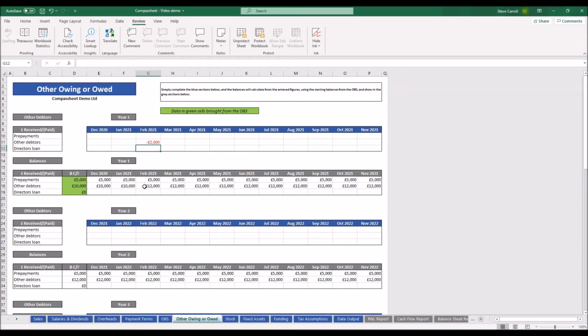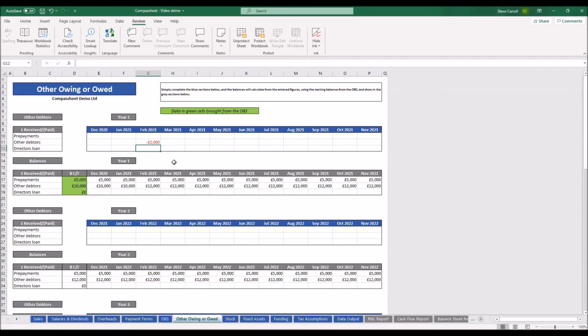They owed us 10, we gave them another 2, they now owe us 12. So the top box is the cash amounts. The second box is the balance, and that balance goes through to the balance sheet in the reports.